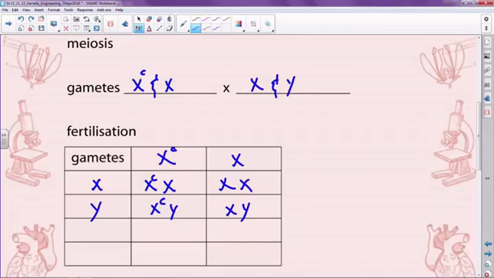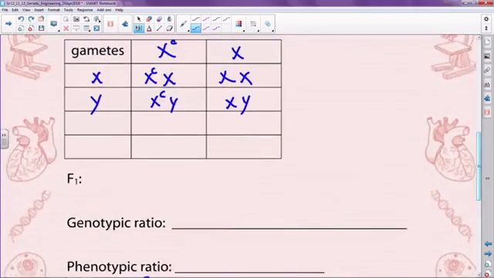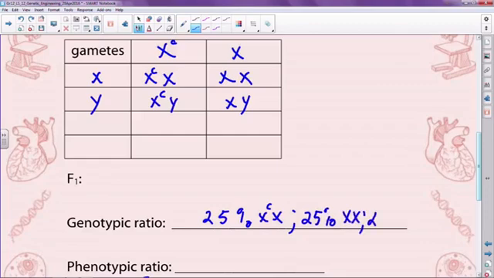Okay, now, have a look at this carefully. Percentage ratio, we all know it's going to be 50% woman, 50% man. And your ratio is going to be 25% XCX, 25% XX, 25% XC Y, and 25% XY.